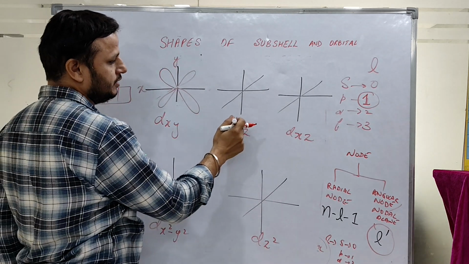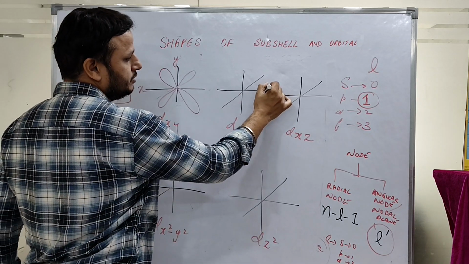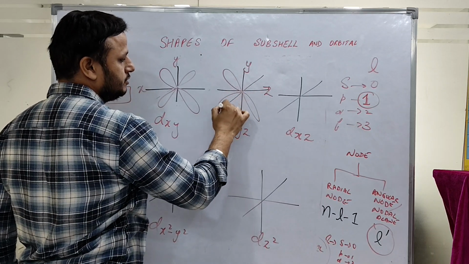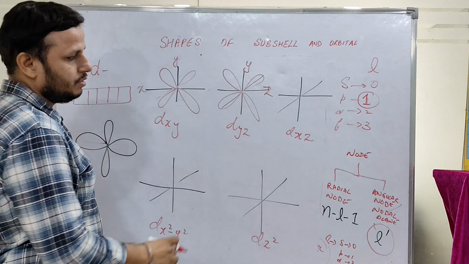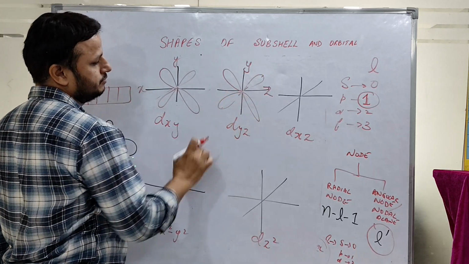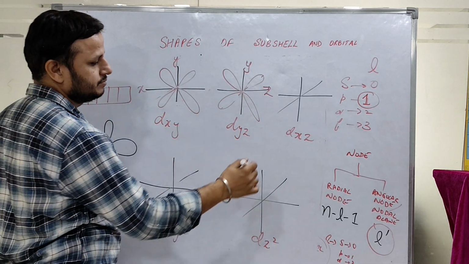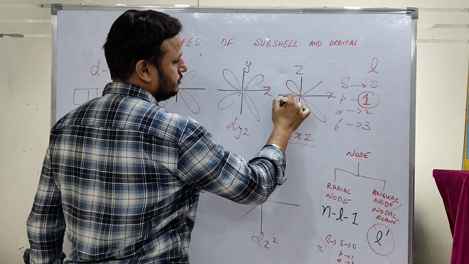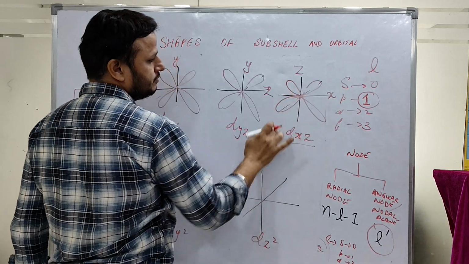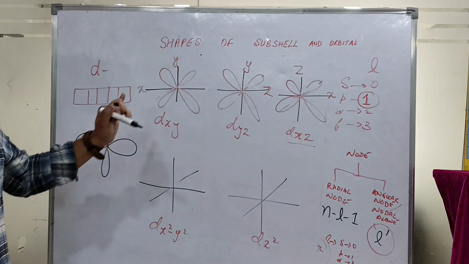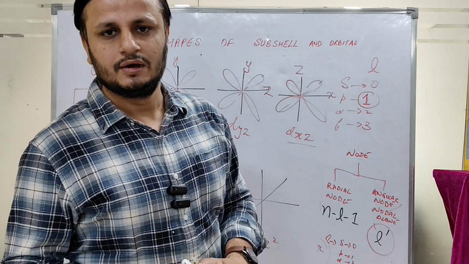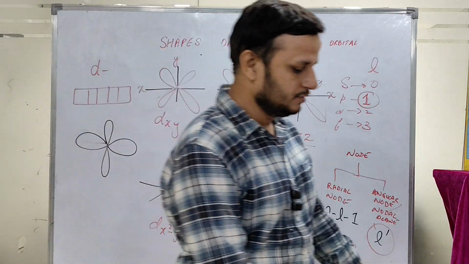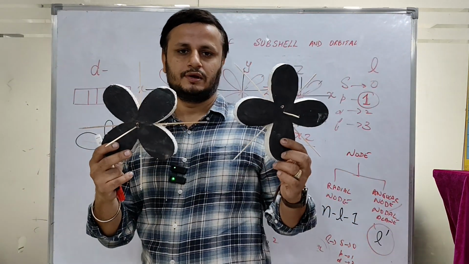Similarly for yz, in books they change the axes to y, z and the shape remains the same. And for xz, the x-axis and z-axis, they showed all three with the same shape by changing the axes, so we can see them clearly.